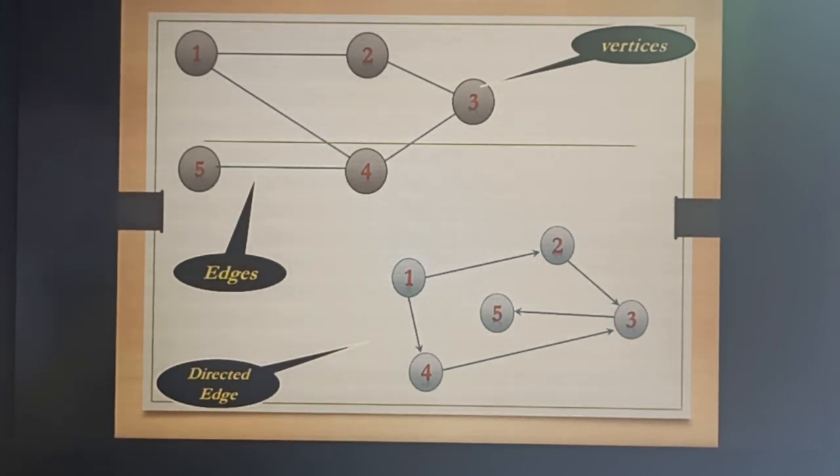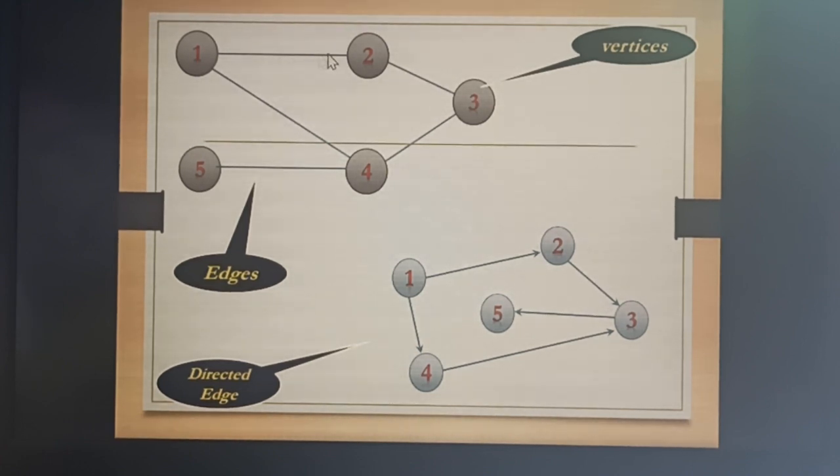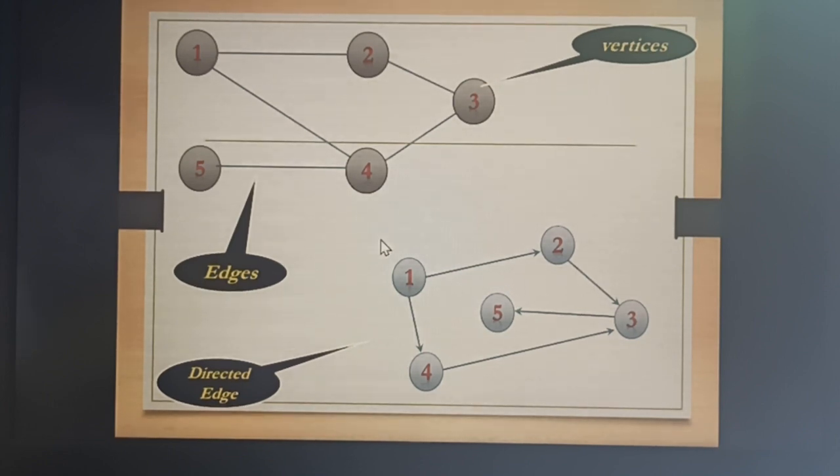These are the vertices. Then the edges are 1-2, 2-3, 5-4, and so on, but this is an undirected graph. This is also a graph, but it is directed. It contains directed edges: direction is mentioned from 1 to 2, then from 2 to 3, then from 3 to 5. This graph contains directed edges, so it is a directed graph. The other graph contains undirected edges, so it is called an undirected graph.